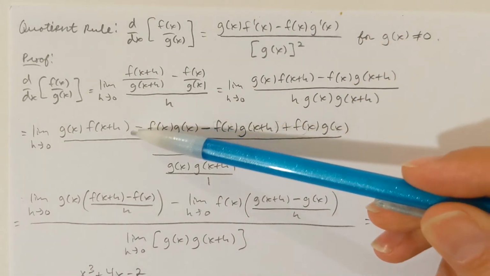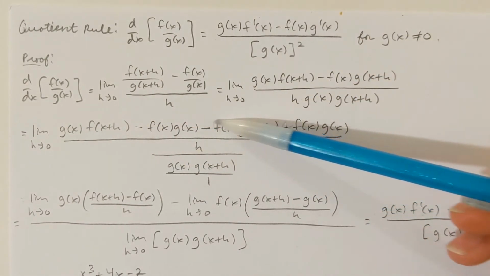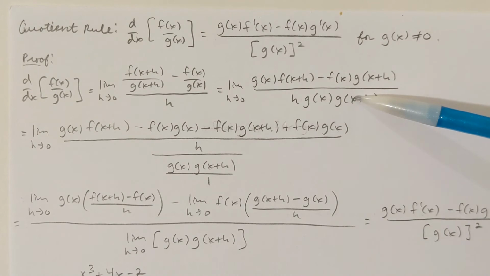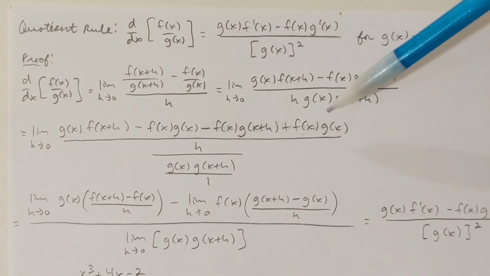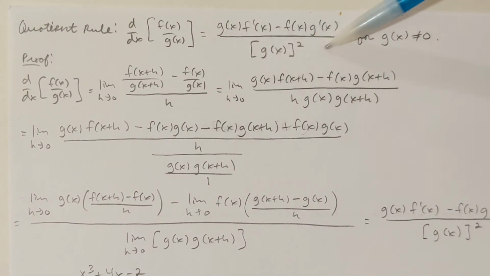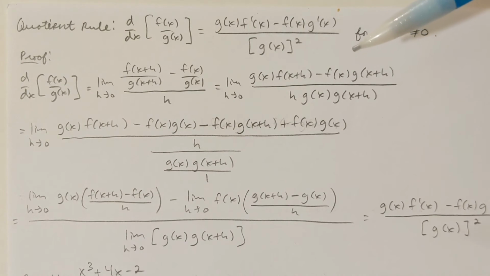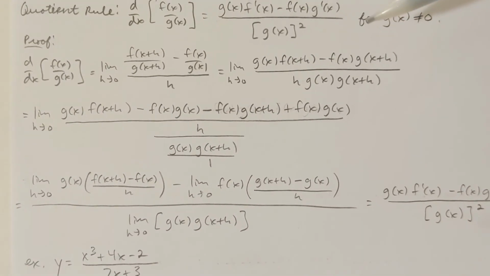So when you take this all in the numerator and multiply by 1 over g of x times g of x plus h, you get the line before. Now, keep in mind where I'm trying to get to. I'm trying to get to this formula here in the calculation. So there's a lot of working with fractions going on. That's okay, no biggie.